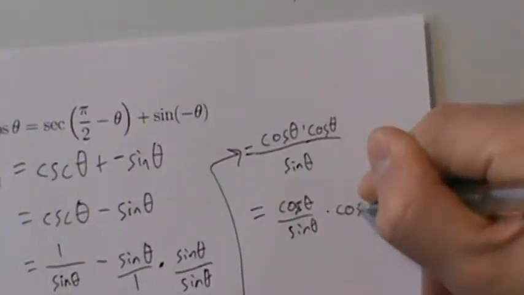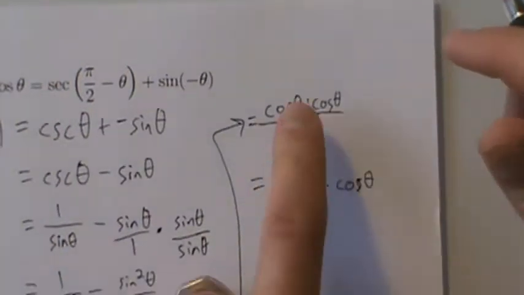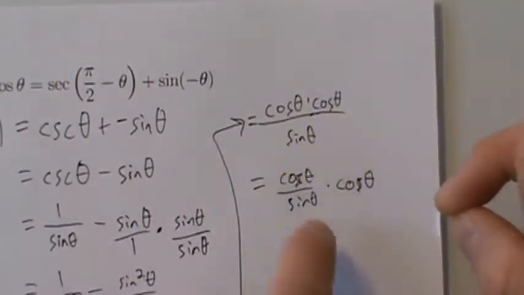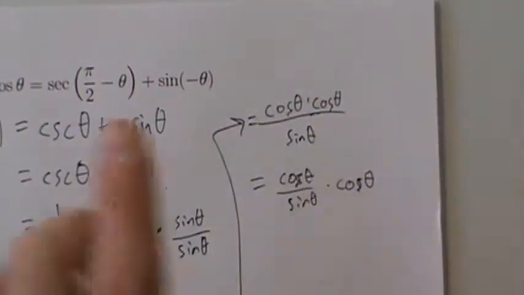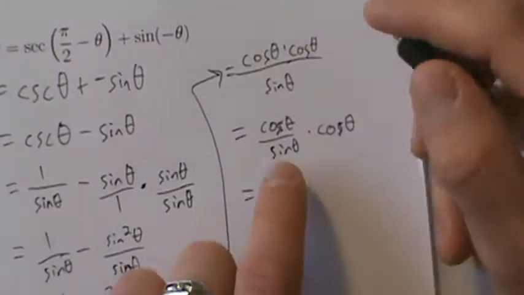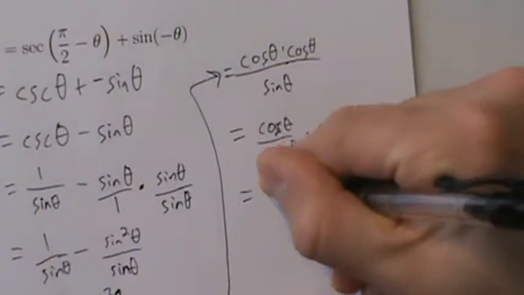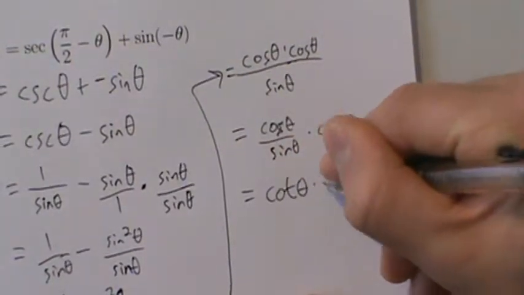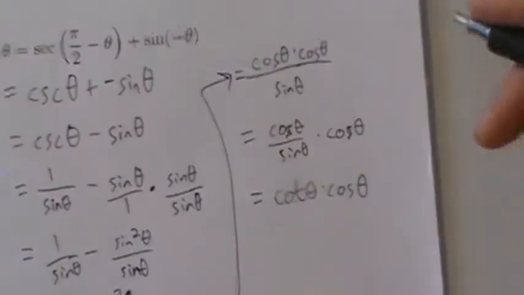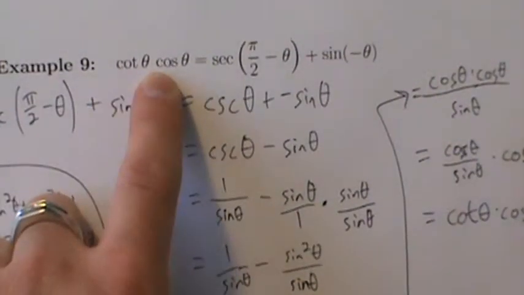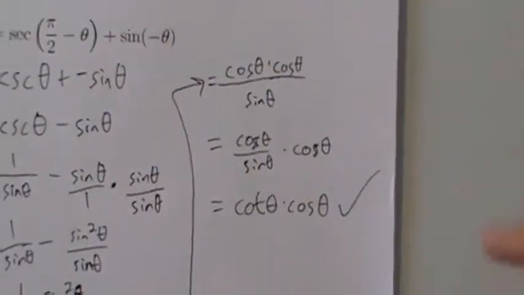Remember, if you multiply by something on the top, you can just pull it off the fraction and multiply it out off to the side. It's the exact same thing. Cosine of theta divided by sine of theta, that is cotangent of theta, right? So this is cotangent of theta times cosine of theta. And that's exactly what we wanted. Okay, so that's that.